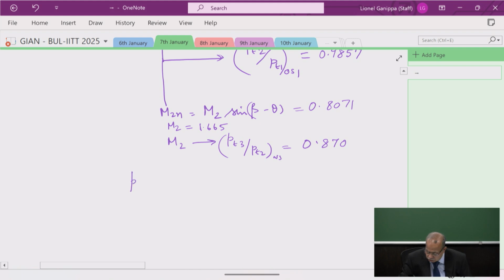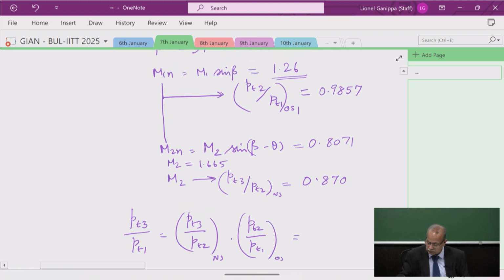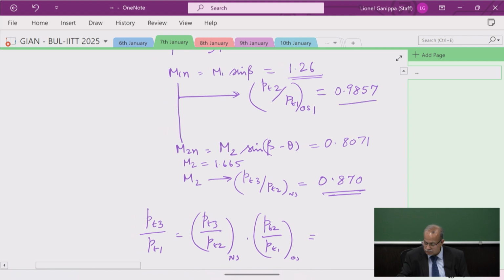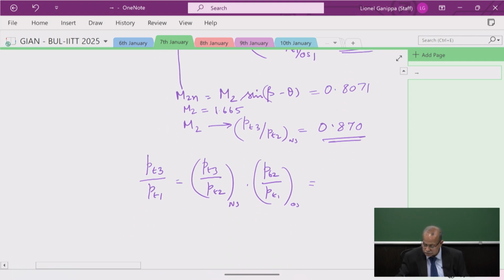Then you can find out what is the total pressure recovery. PT3 by PT1 is PT3 by PT2 of the normal shock times PT2 by PT1 of the oblique shock. Just multiply these two values here. What is the value you get?